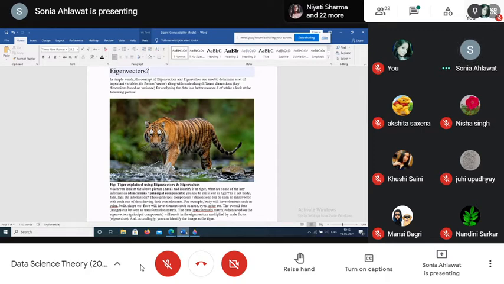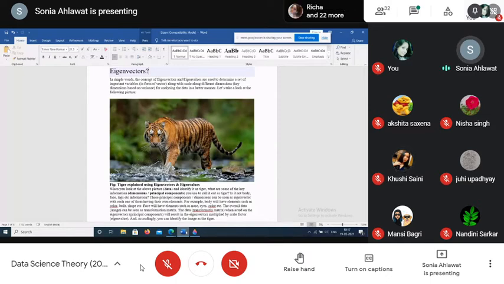Is it clear till here, why we require eigenvalue and eigenvector? Yes or no, class? Ma'am, could you repeat the eigen part of what you just said?